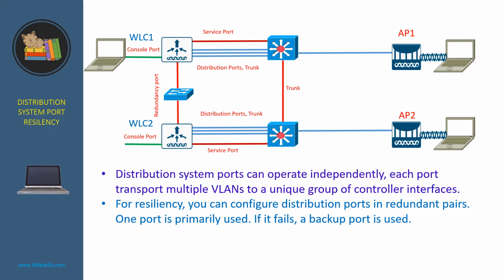Distribution system ports can operate independently. Each port transports multiple VLANs to a unique group of controller interfaces. The controller interfaces are logical, and we will learn more about them in the next slides. For resilience, you can configure distribution ports in redundant pairs. One port is primarily used. If it fails, a backup port is used.